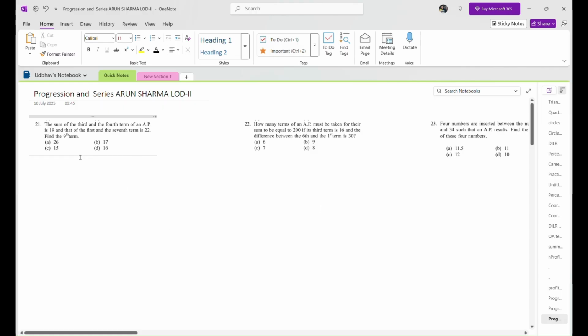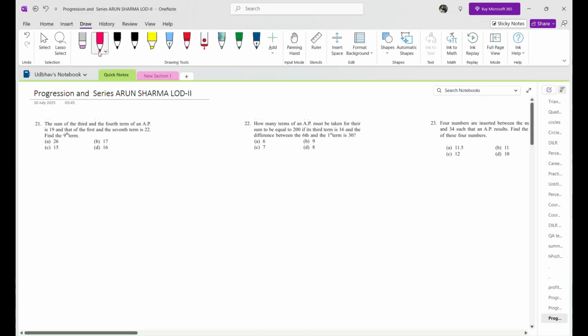The sum of the third and the fourth term of an AP is 19. So we can write this as the sum of the third and the fourth term, A3 plus A4 is equal to 19. And that of the first and the seventh term is 22.